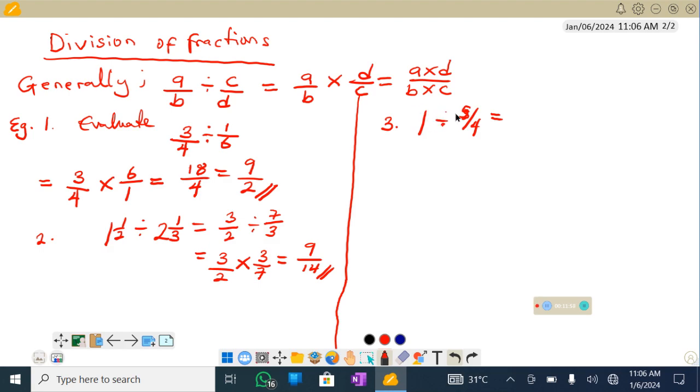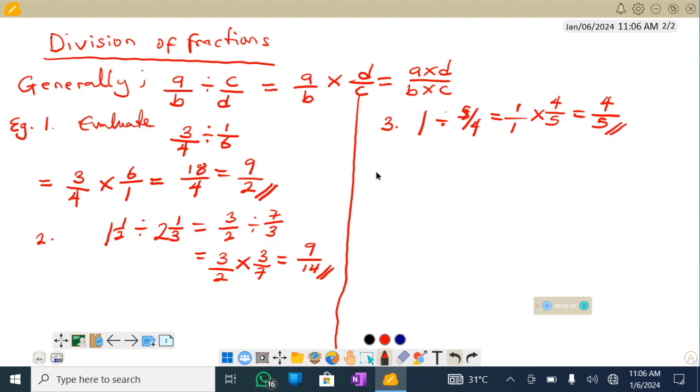And how do you change a whole number to a fraction? It's just for you to put it all over 1. So when you divide by 1, it becomes a fraction. Multiply, this one will interchange, which will give you 4 over 5. So 1 times 4, 4, and 1 times 5, 5. So you can see how simple it is.